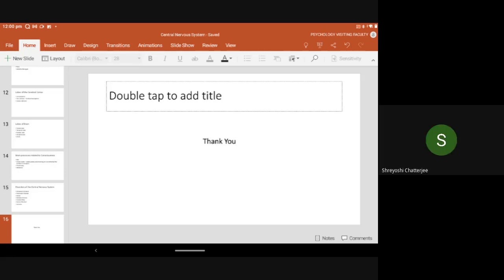Ma'am, when was the last date of submitting the assignments? The last date is already over. It was extended to 31st May. That was for June 2020 exams, but for December 2021 it was 30 June.